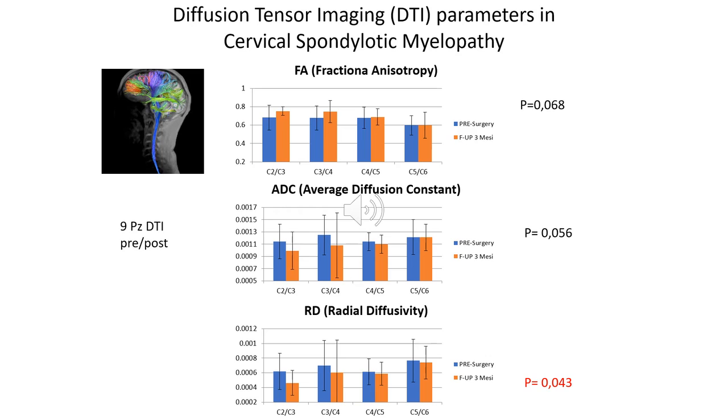In this slide, we have a graphic representation of the parameters we have considered, ADC, FA, and also radial diffusivity, before and after surgery. And you may see that there is an improvement in terms of FA as well as ADC.